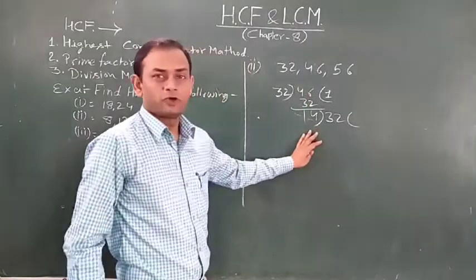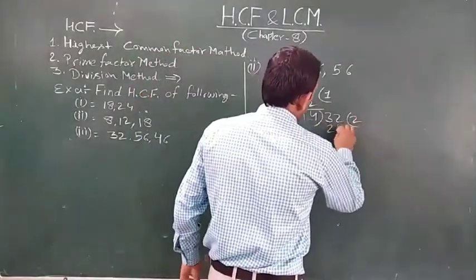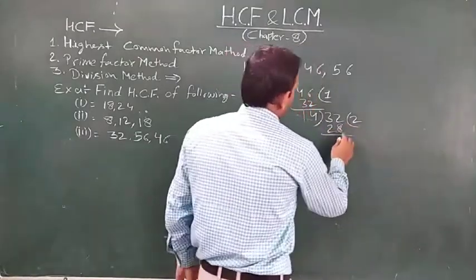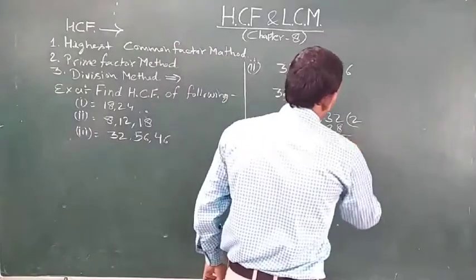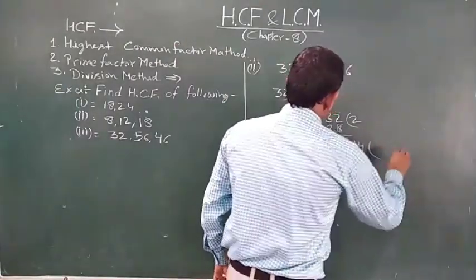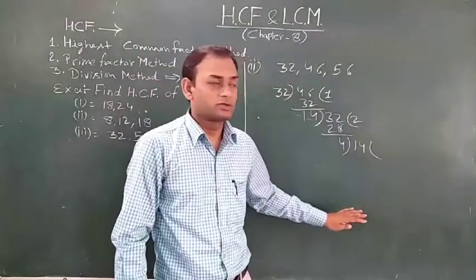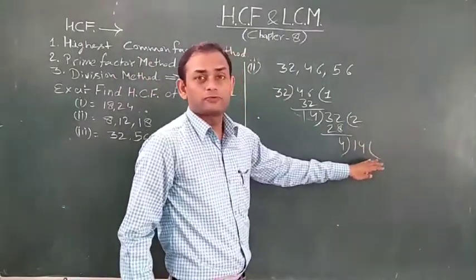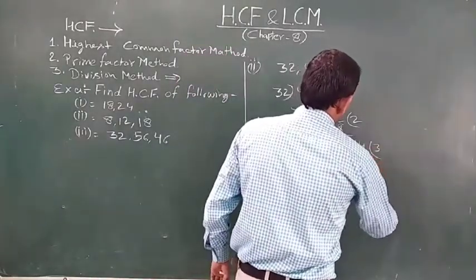14 twos are 28. Now what will be left? 4. Now 14 will come here. We have to divide until we don't get the 0. 4 threes are 12, and 4 fours are 16 will be more than this, so we will take 3. 4 threes are 12.